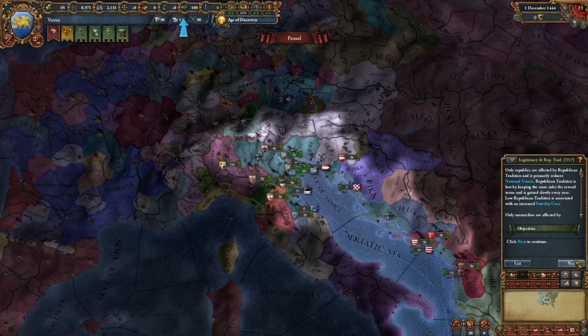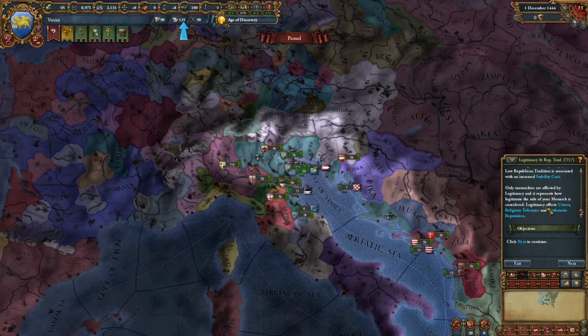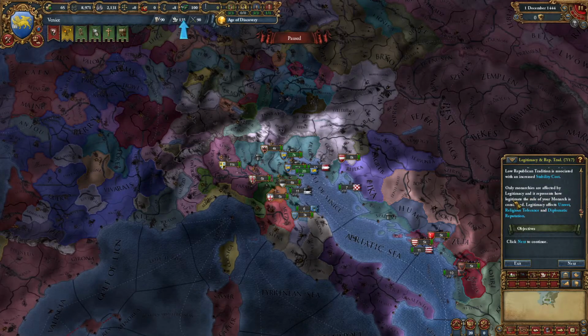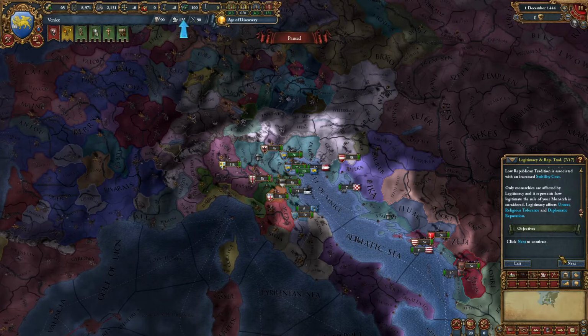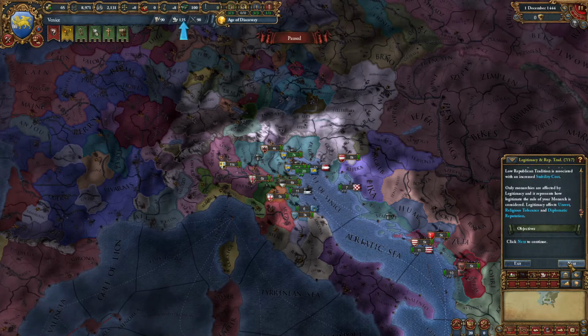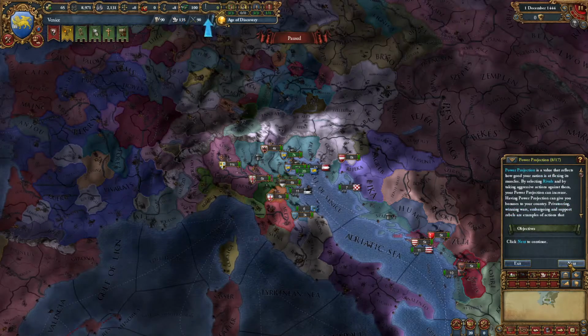Only monarchies are affected by legitimacy, and it represents how legitimate the rule of your monarchy is considered. Legitimacy affects unrest, religious tolerance, and diplomatic relations.